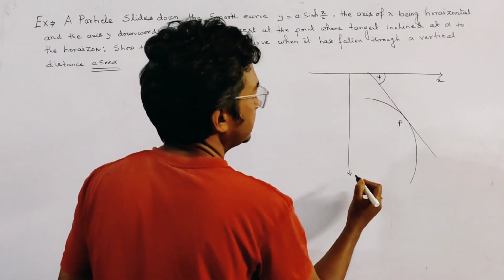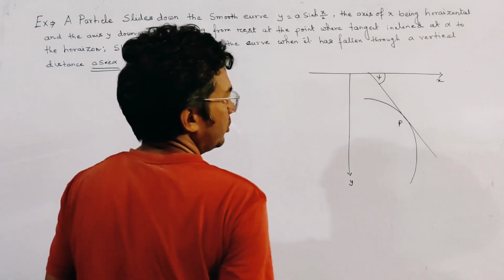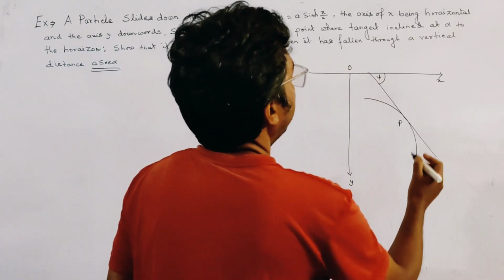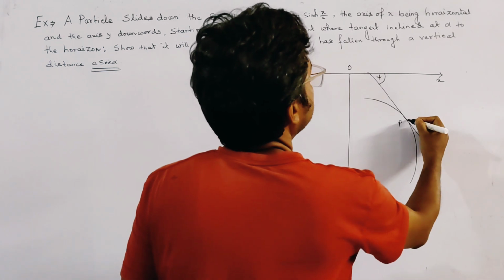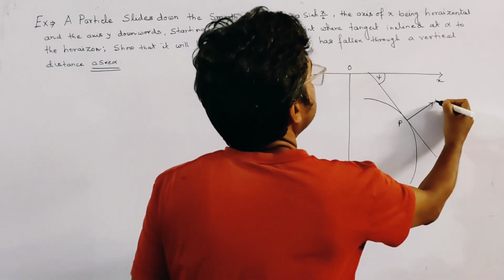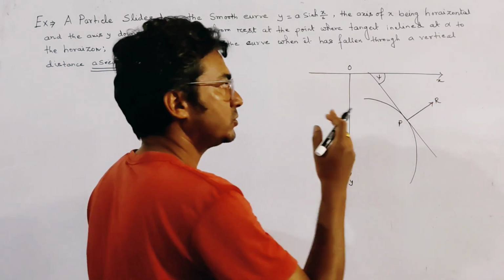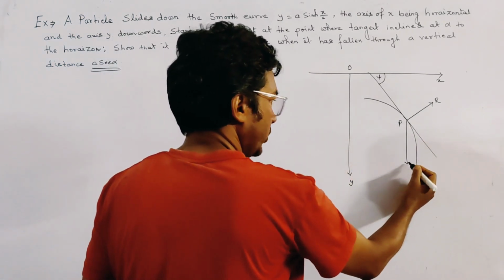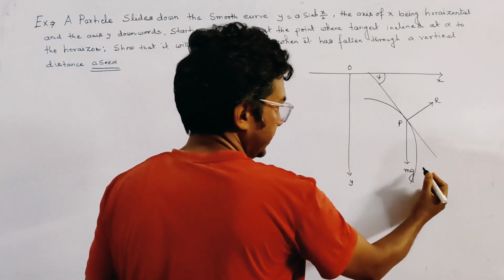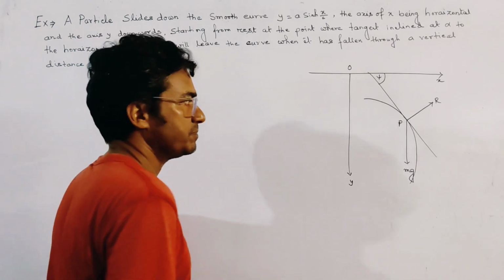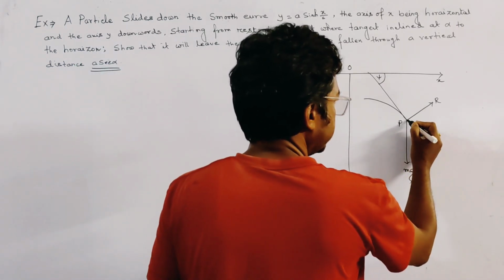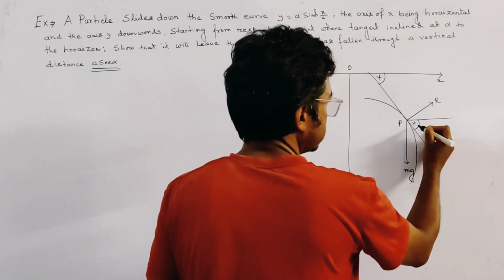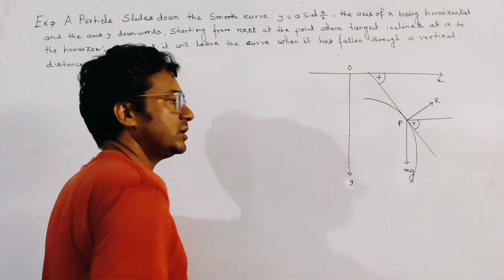Let this be the positive y-axis. This is the origin. At that time, this is the normal reaction perpendicular to the tangent, and this is the weight acting vertically downwards. If we draw a horizontal line from the point P, then it is also psi, because this and this are alternate angles.